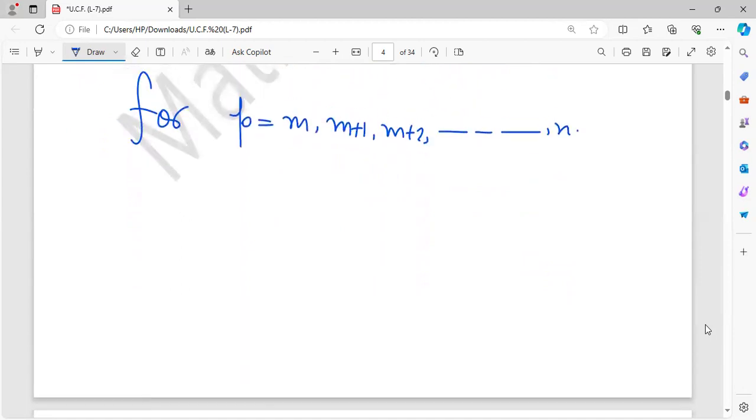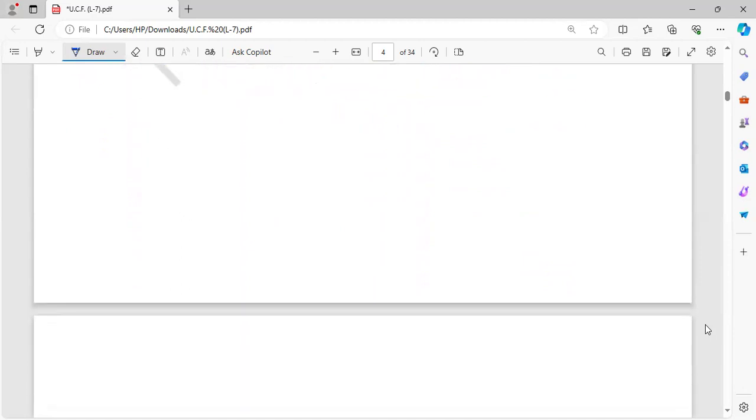Okay. So what is Dirichlet test now? Sorry, this is not Dirichlet test. This is Abel's test. Sorry. What is Abel's test? Dirichlet test will come after Abel's test.